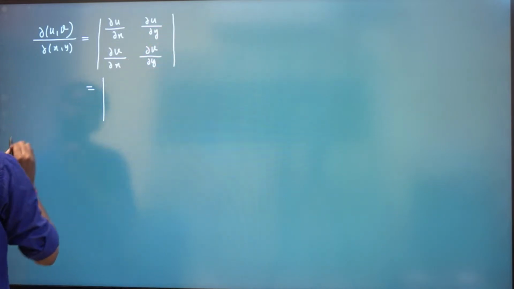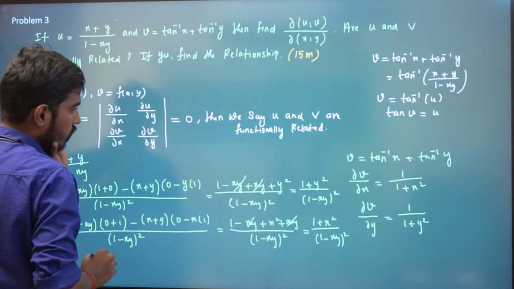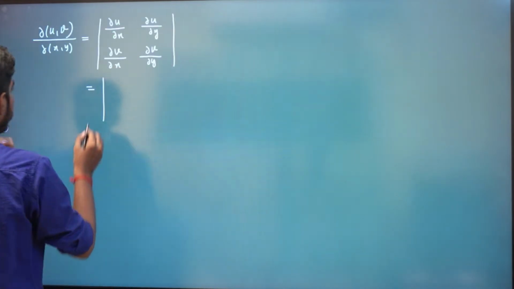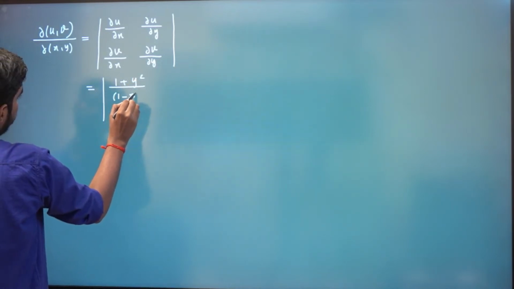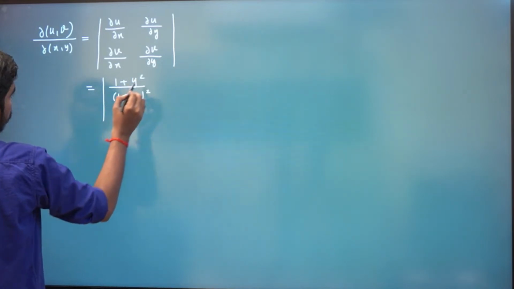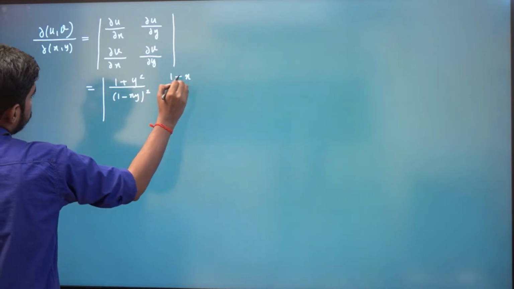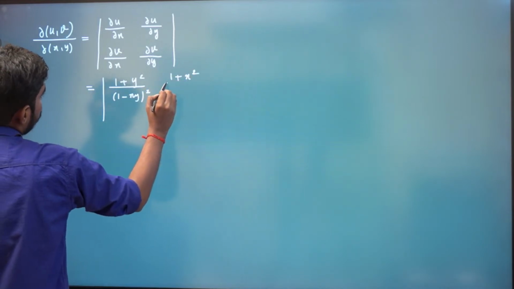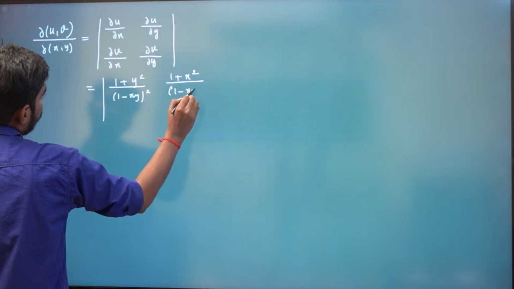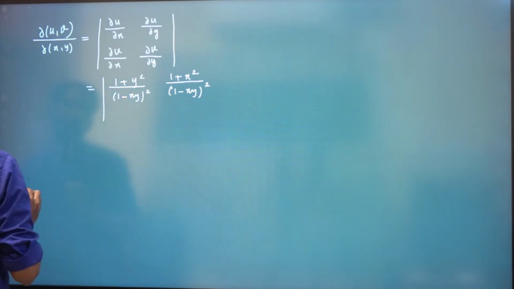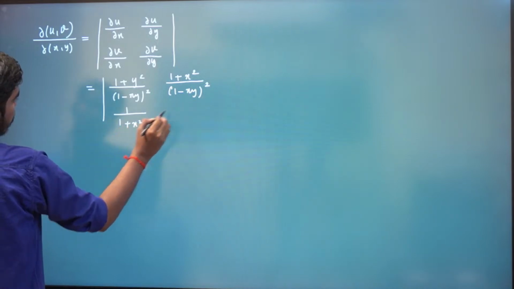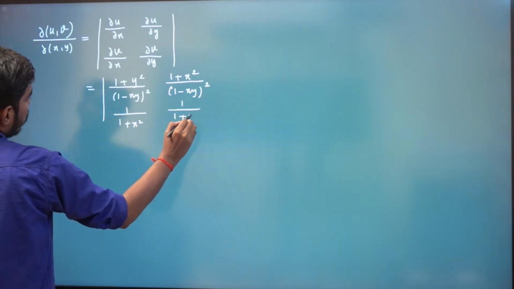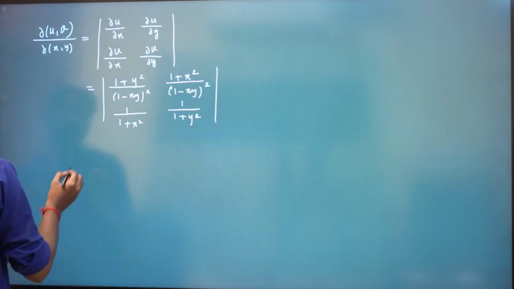So which is the determinant of: dou u by dou x is 1 plus y square divided by 1 minus xy whole square. Dou u by dou y is 1 plus x square divided by 1 minus xy whole square. Dou v by dou x is 1 divided by 1 plus x square. Dou v by dou y is 1 divided by 1 plus y square.